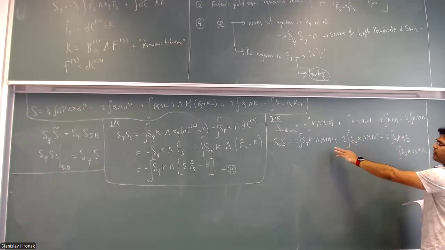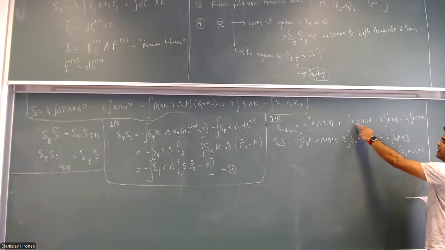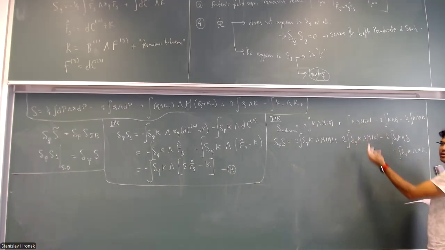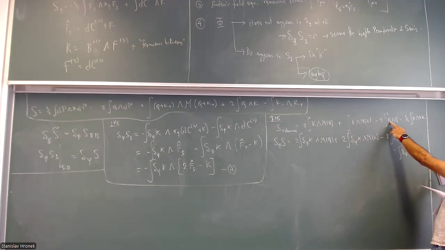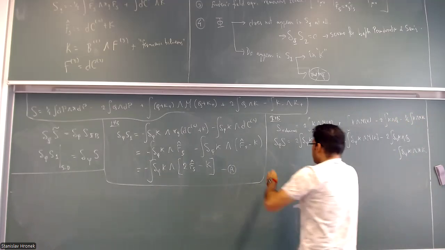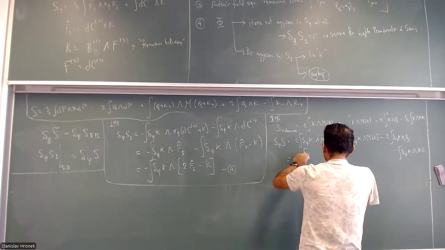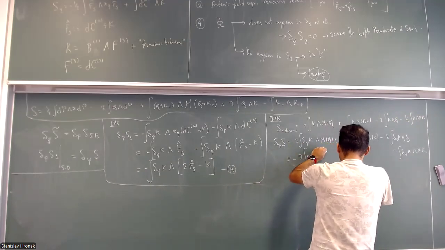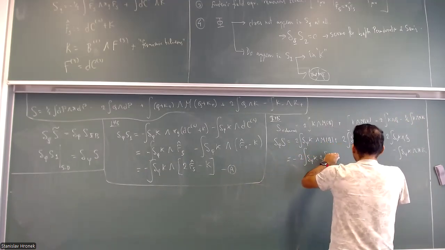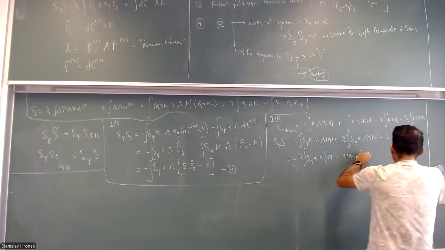Okay, is the variation clear? This one will only hit the K. This will hit both K here and here, but this is symmetric, so there's a twice. This is once again going to hit the K here, and there is once again going to be two variations, so the minus sign goes away and delta K is there. So this I can collect and write it as first this.